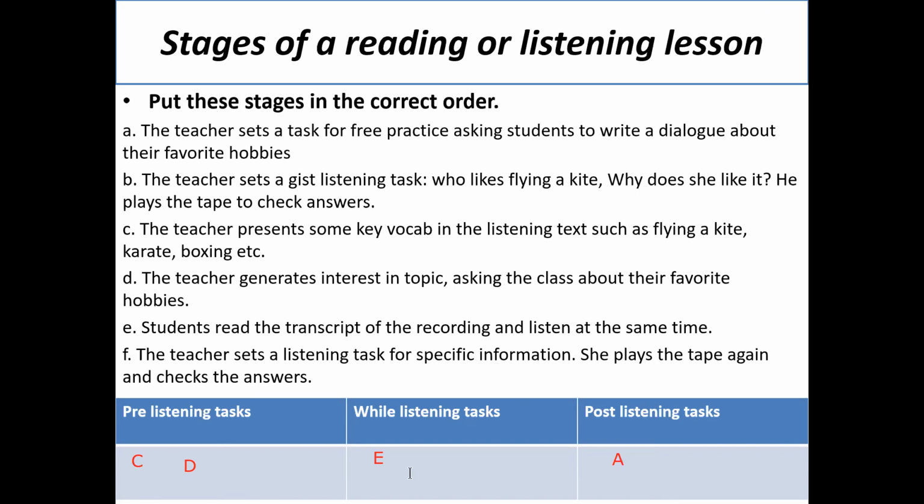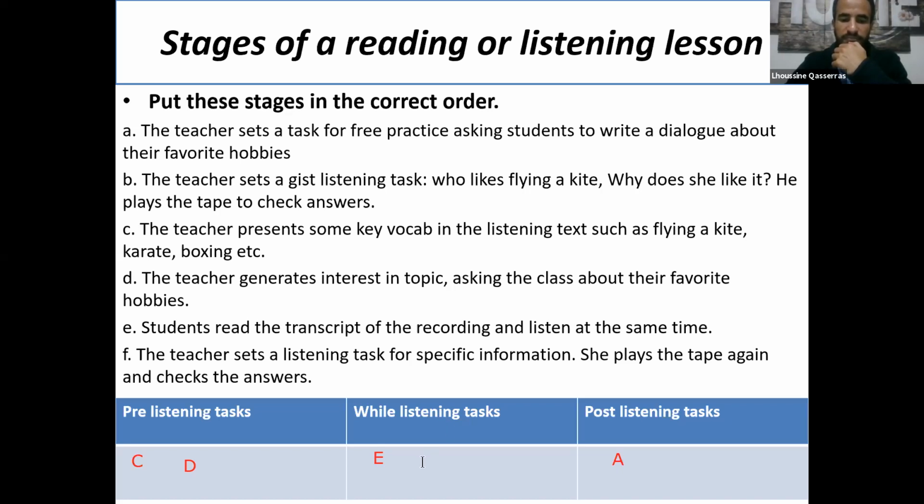It's B. The teacher sets a gist listening task: who likes flying a kite, why does she like it? He plays the tape to check answers. So yeah, B, because this is a kind of asking for general information.